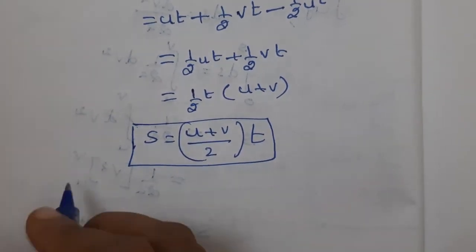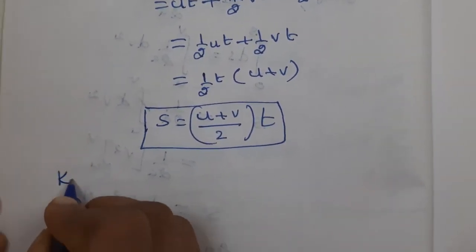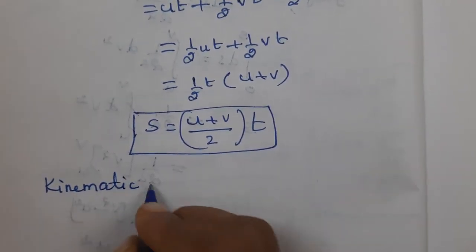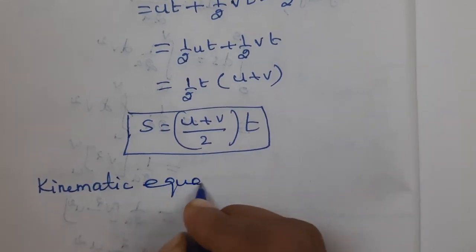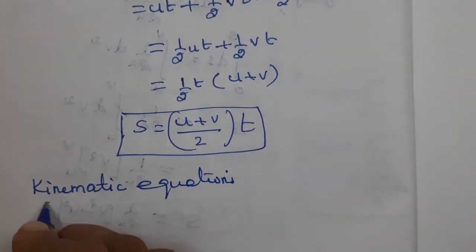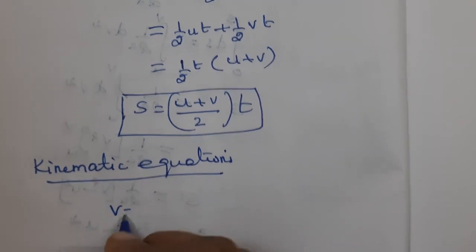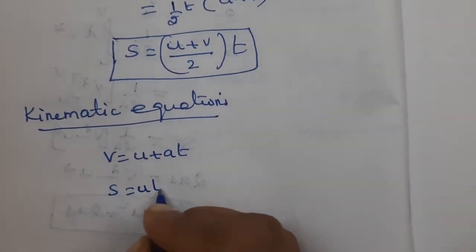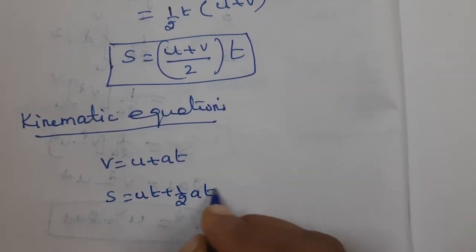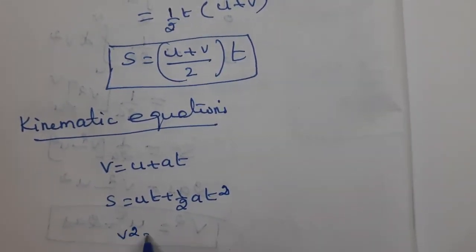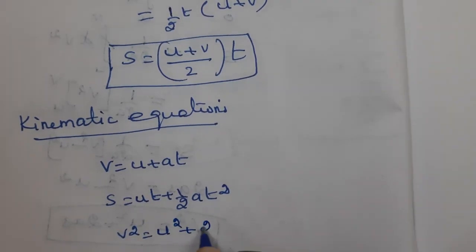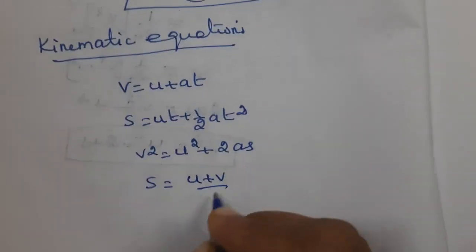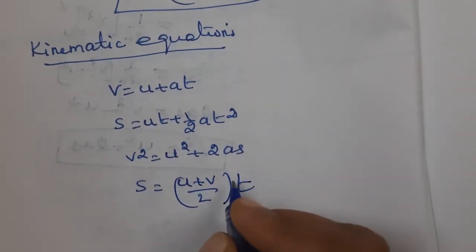So what are all the equations of motion? We can call these kinematical equations or kinematic equations. What are they? v equal to u plus at, s is equal to ut plus half at square, v square equal to u square plus 2as, s is equal to u plus v by 2 into t.